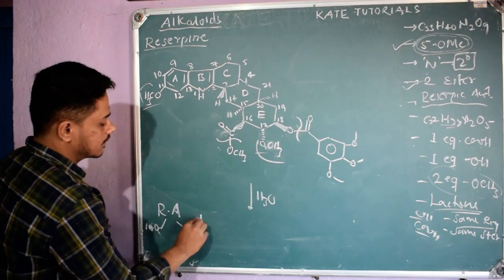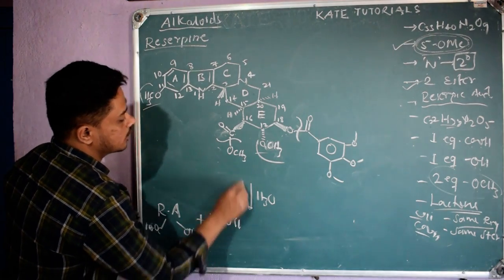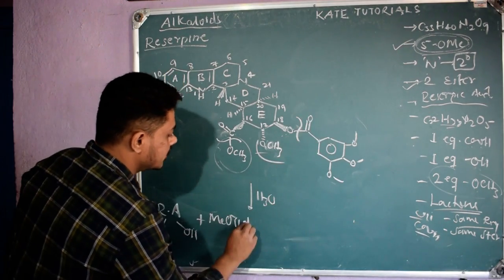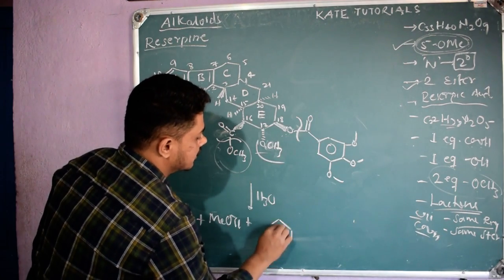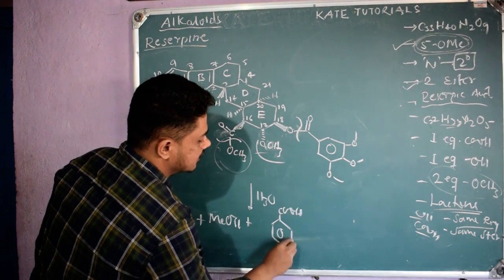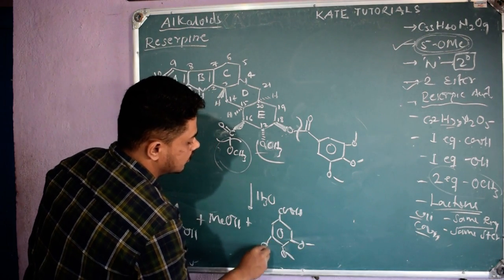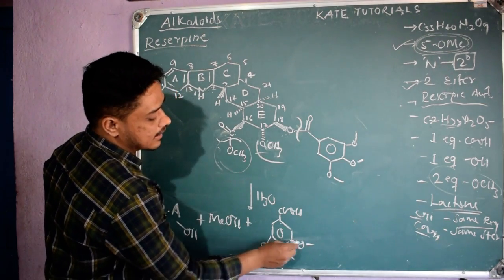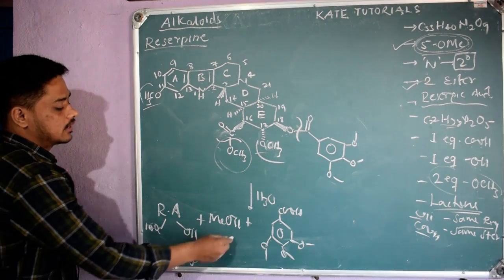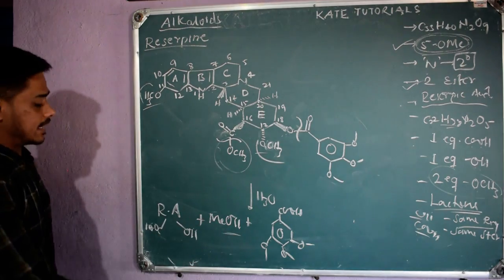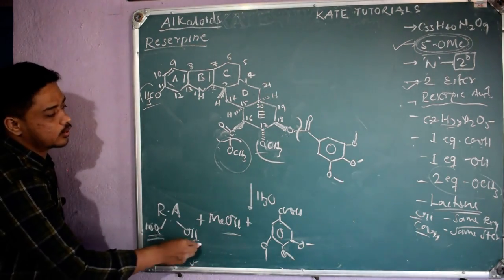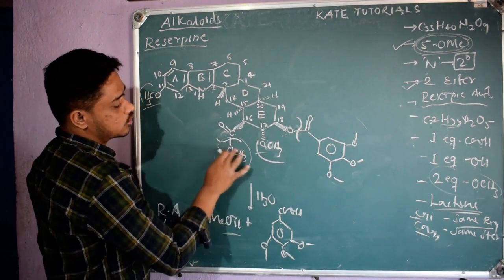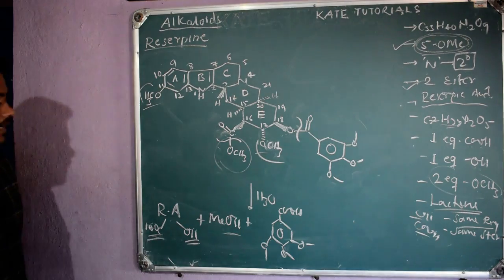Here we will get methanol from this OCH3, and this part will give an acid, and I had told the name also. So we will get benzoic acid with OCH3 groups, 3, 4, 5 trimethoxybenzoic acid, along with methanol and Reserpic acid, and Reserpic acid will have a COOH group and an OH group on the same carbon on the same ring. So it has 2 equivalents of ester, like that we concluded.